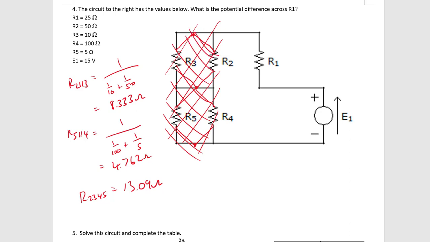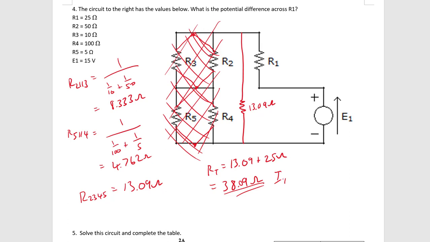So instead, I can treat that as just having one single resistor coming down here, which is 13.09 ohms. So the total resistance is going to be 13.09 plus R1, which is 25 ohms, and that's equal to 38.09 ohms.